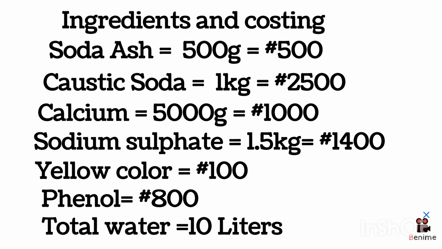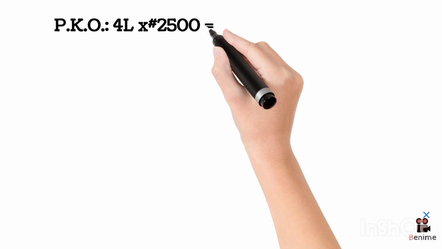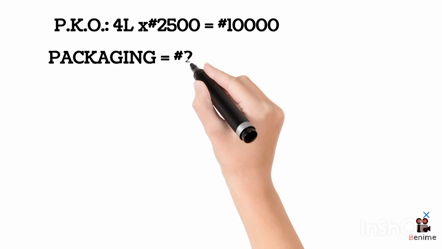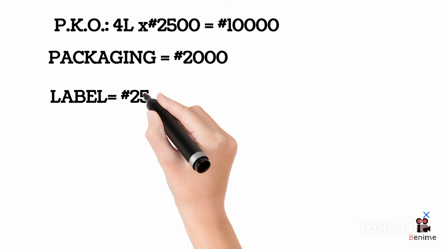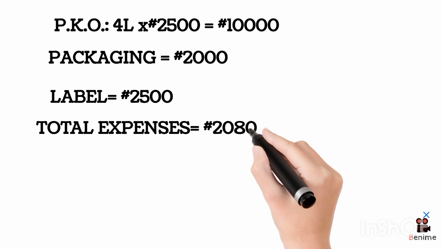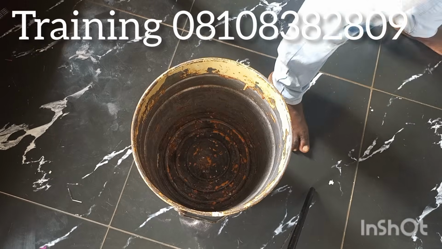So first things first, I'll be pouring the 4 liters of oil into this container that I want to use for the mixing of the soap.